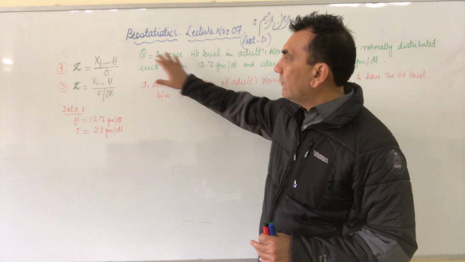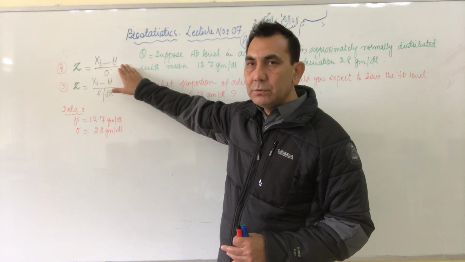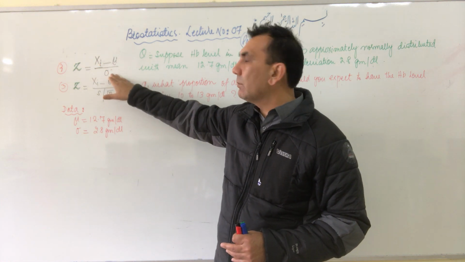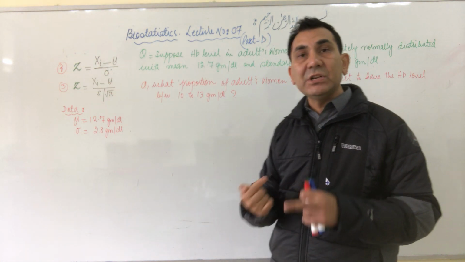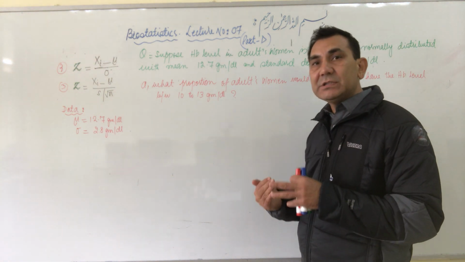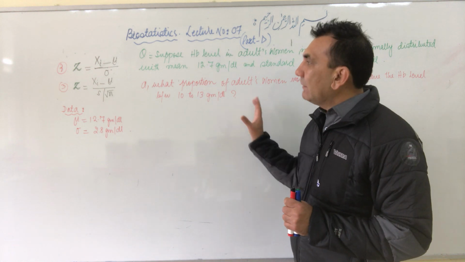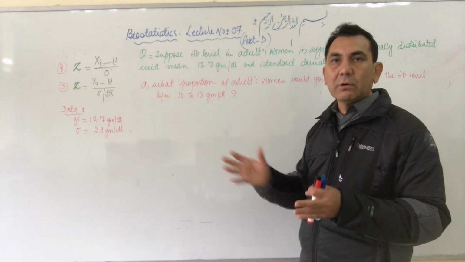In the second formula, we use z is equal to xi minus mu. We subtract the mu from the x and divide by the sigma. Then we find the z calculated value, and after finding it, we use the z table and come up with the normal distribution or probability under the normal curve.